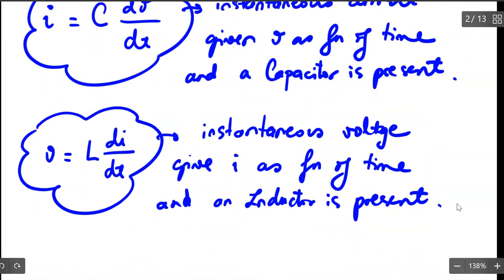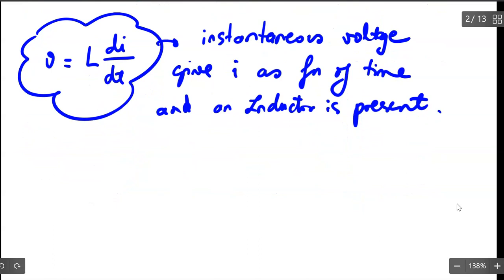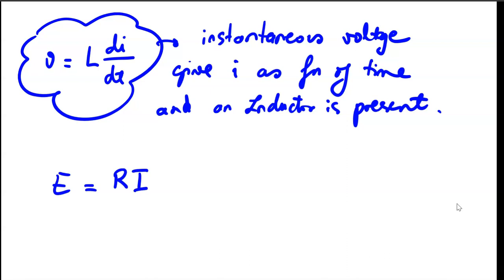The last formula I also want to remind everyone of is Ohm's law. If you have a voltage source, you can relate it to the resistor and the current. So voltage is equal to I times R. Maybe I should switch the term over.